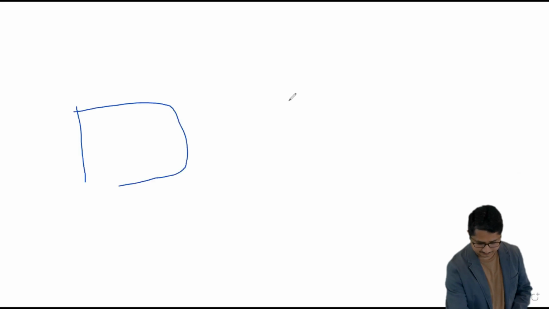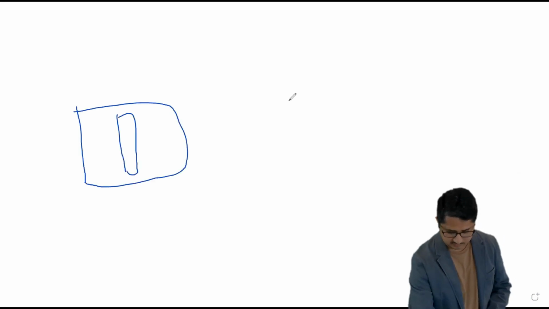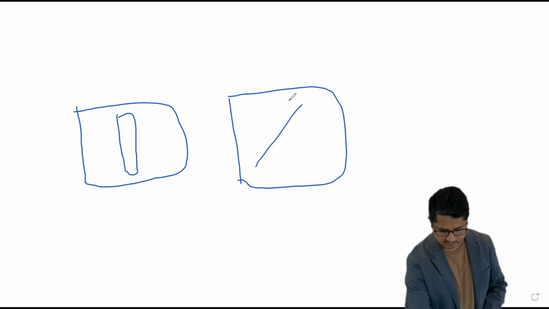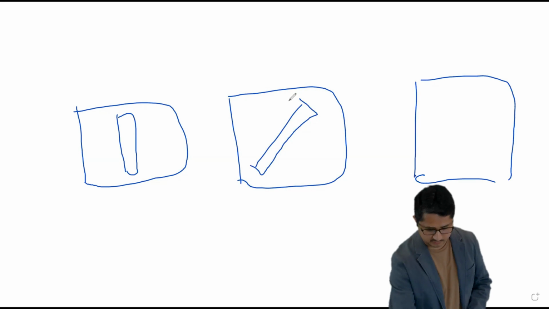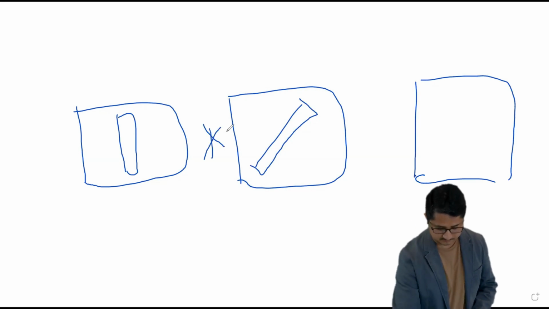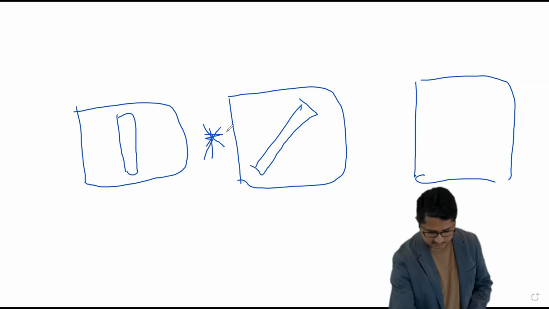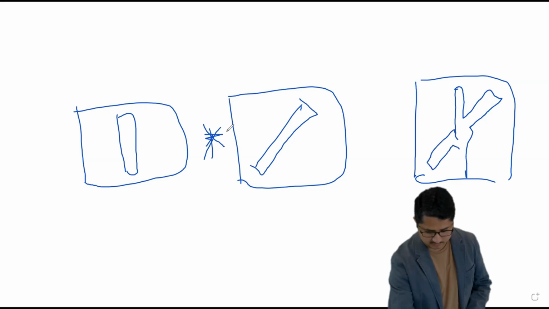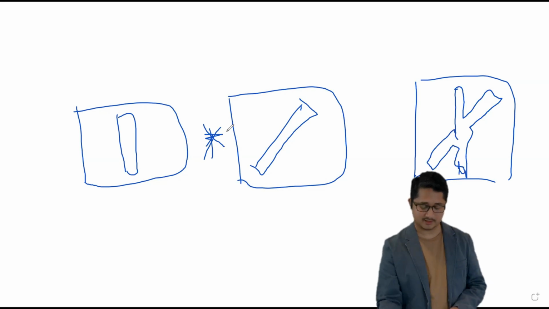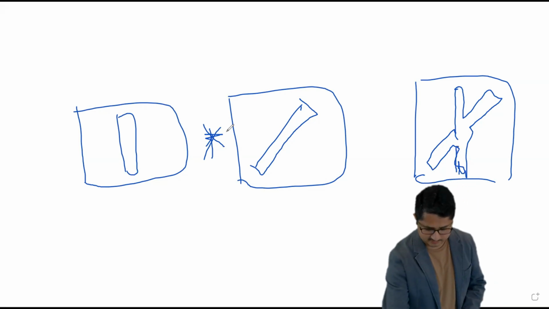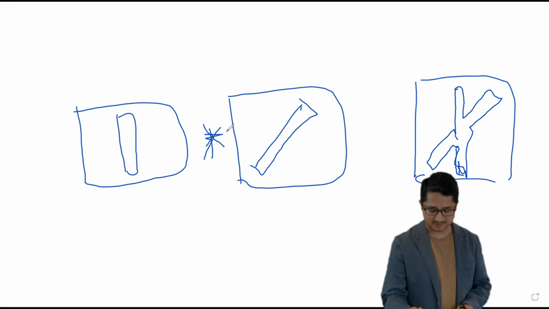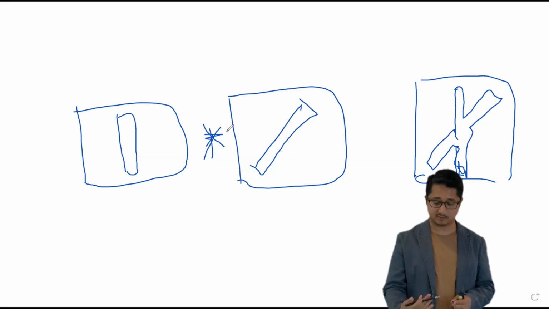So let's say this will be your vertical kernel and this will be your diagonal kernel. Ideally, what you can do is convolve these two, and then you might get something like this. So then it can do both at the same time. Theoretically, if it's a continuous function, it would have been perfect. With discrete kernels it won't be the same thing, but still you will be able to do it.